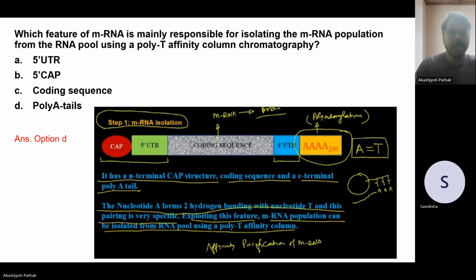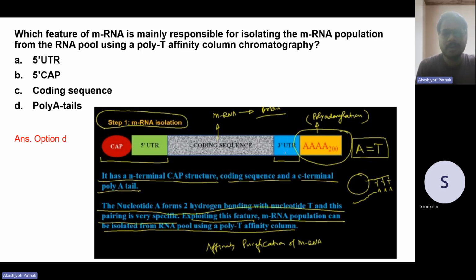So the mRNA will bind to the column having poly T resins. If you see the structure of mRNA, you have a 5 prime cap, 7 methyl guanosine residues. Then there is a 5 prime untranslated region, then the coding sequence, the 3 prime untranslated region, and then the poly A tail, which is composed of around 200 residues.